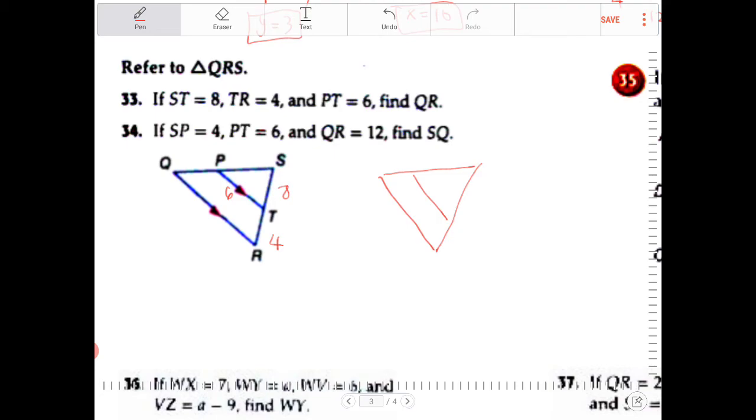Because I'm dealing with proportions here, I can say 8 over 12 is equal to 6 over x. Right? 8 divided by the entire length is to 6 over the entire corresponding length. So 8x is equal to 72, or x is equal to 9.